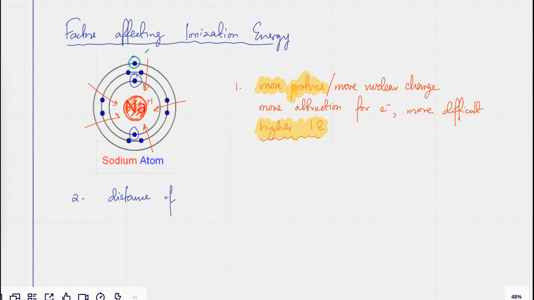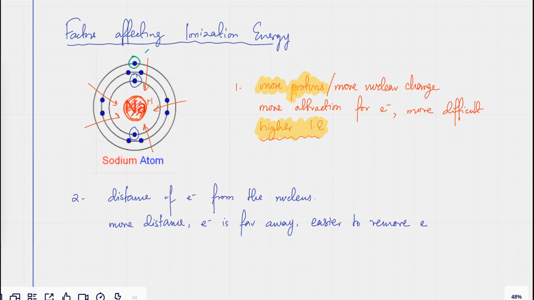Distance of electron from the nucleus. So this factor is that if you have more distance, the electron is far away, then it's going to be easier to remove electrons, which is why that would result in a lower ionization energy.